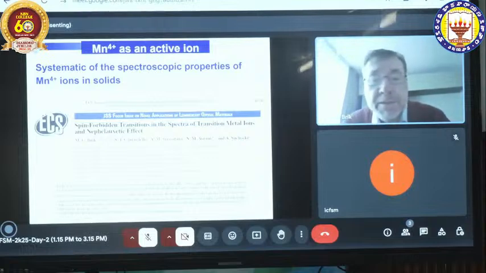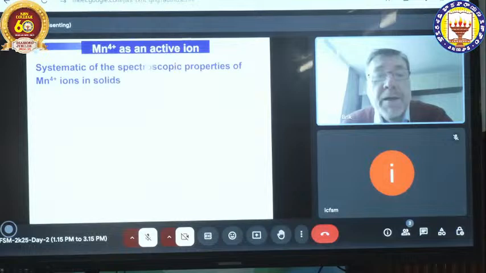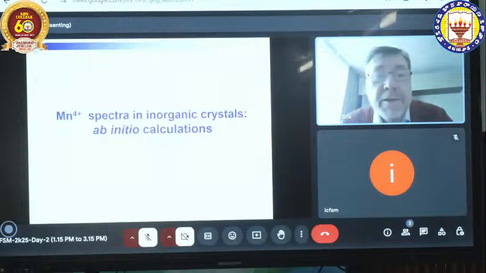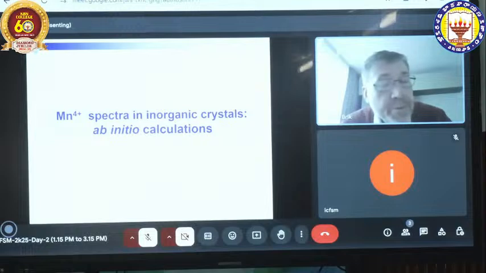This is the title of one paper, and one more paper was published in the Chinese Journal of Luminescence. Here I will not go into the details of these review papers, which you can find. I would like to turn to examples of an initial analysis of the properties of impurity ions in these materials.